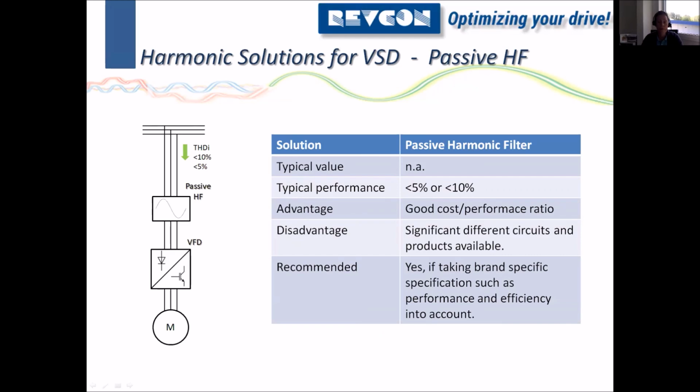I will come back to that later on. Anyway, just to mention that it is definitely recommended to have a passive harmonic filter. But first of all, you should consider the technology behind this, because not every passive harmonic filter is, first of all, a quality brand, but more important, a good topology inside.